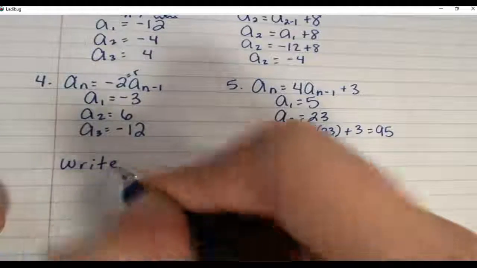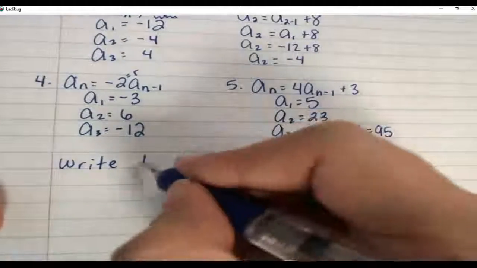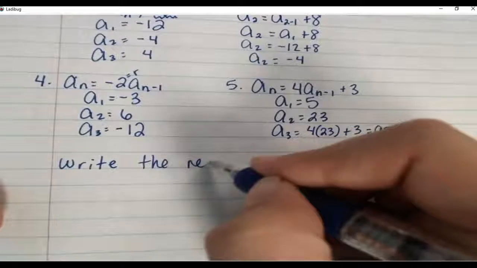So let's write a couple, then we'll be done. So write the recursive formula for each.